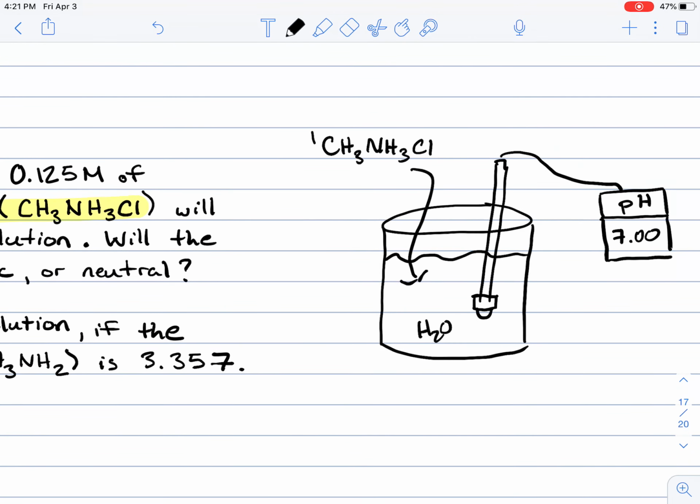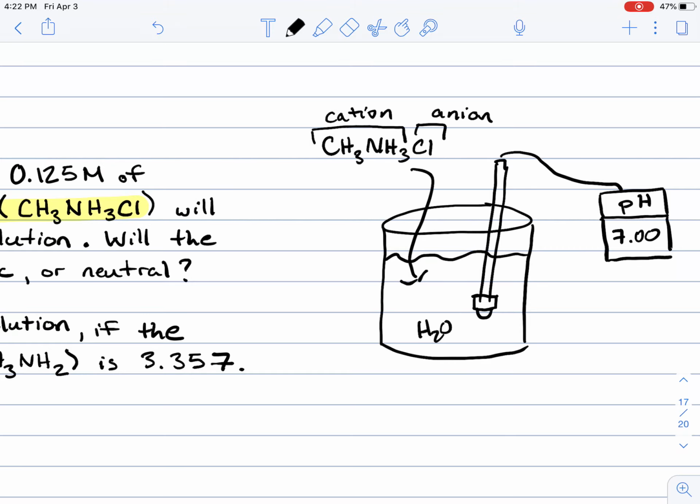So when this compound separates, this is going to be the cation, and this is going to be the anion. Feel free to use that advice or trick, so to speak, to differentiate what the cation is and the anion is.